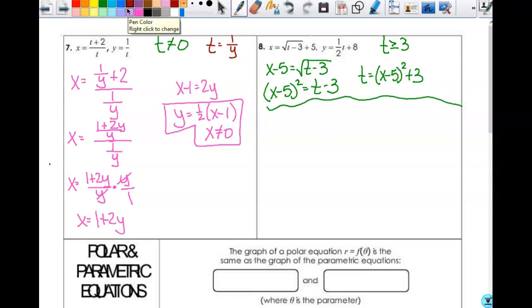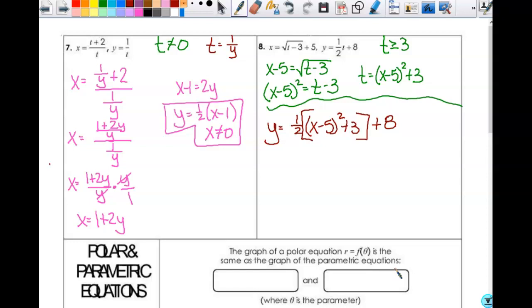Then I substitute it into the other one and get y equals 1/2 times (x minus 5) squared plus 3 plus 8. In this case, I do need to distribute a little bit to make all this make sense.